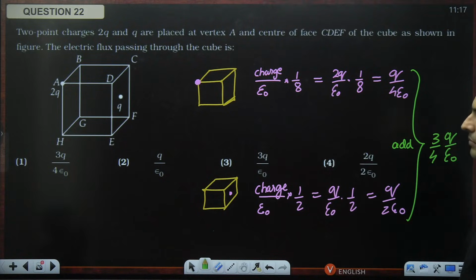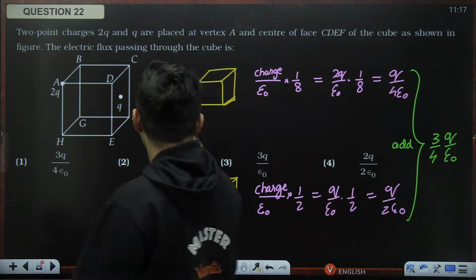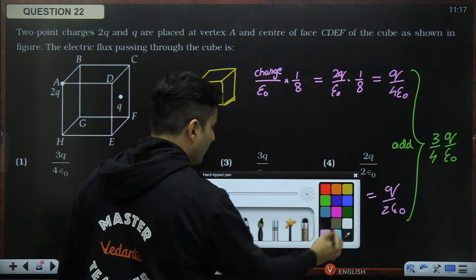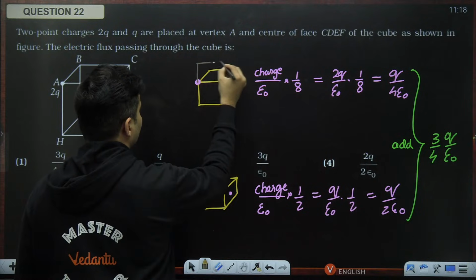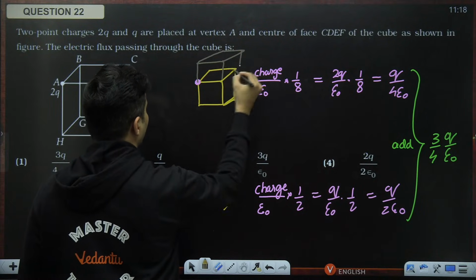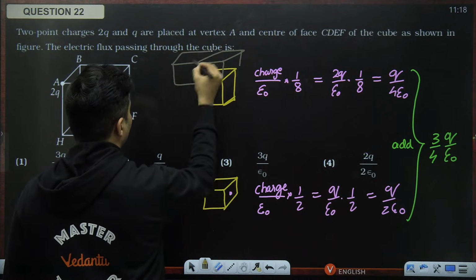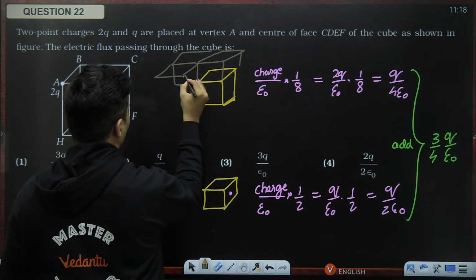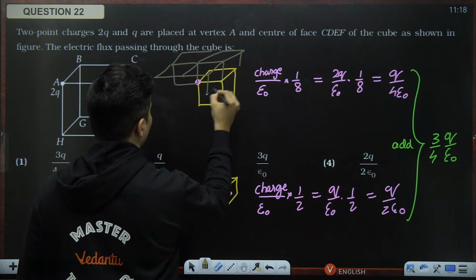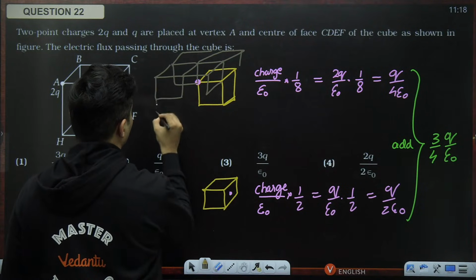Just adding both of them. Here you have to basically visualize 8 such cubes, guys, the front also. That is a crazy diagram which will come out.